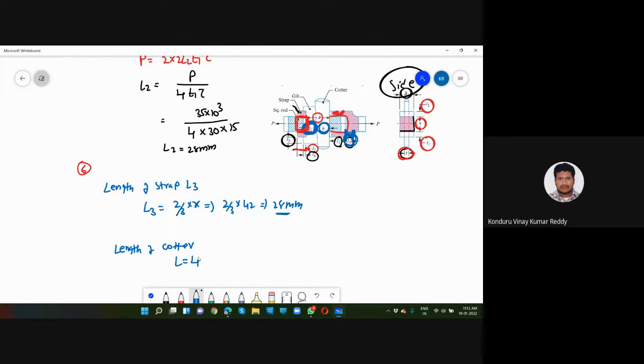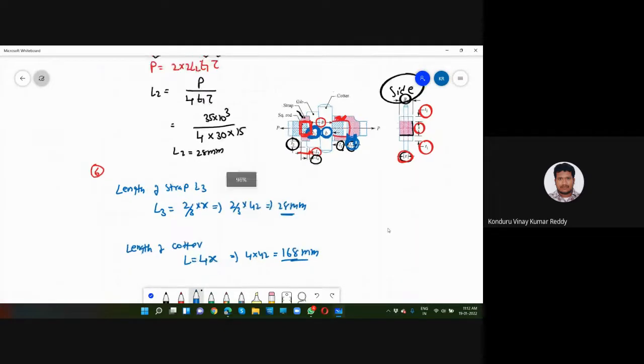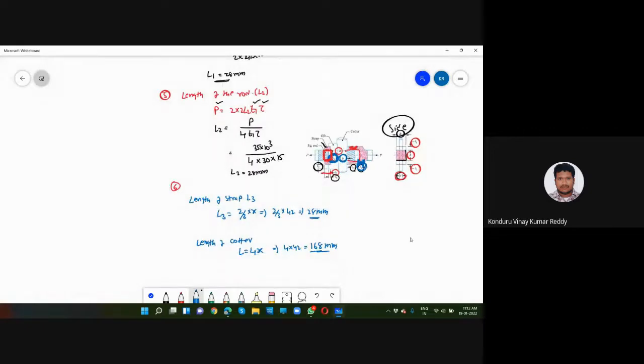Here it is X, so 4 into 42, which is 168 millimeters. This is how we design a Gib and Cotter joint.